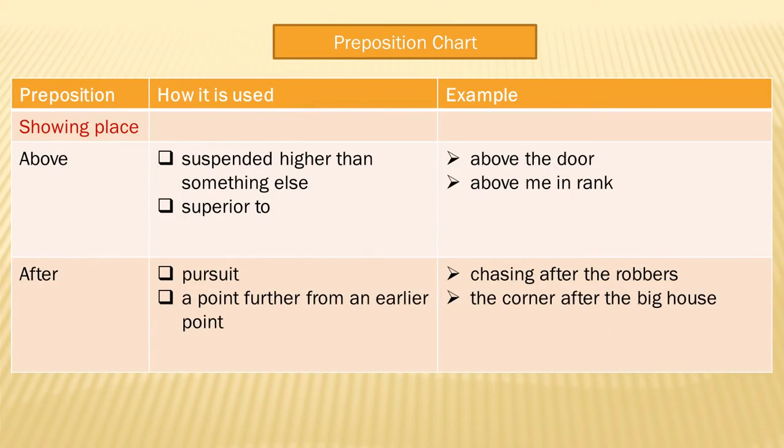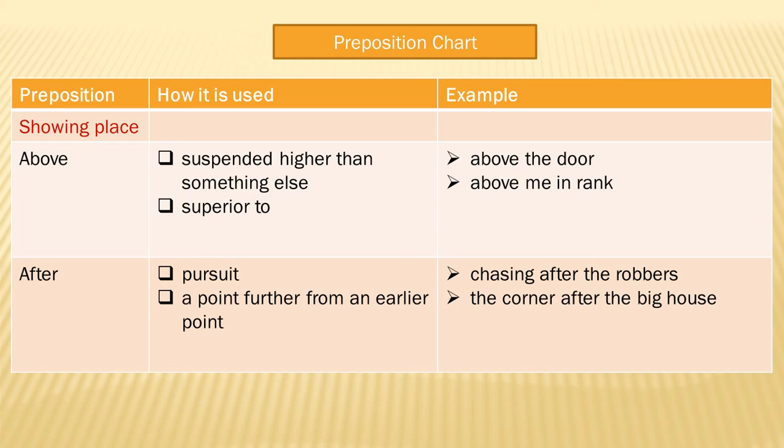Above, suspended, higher than something else. I have already discussed in a chart that above means not attached to the object. Above the door means not attached to the door. Superior to, above me in rank.